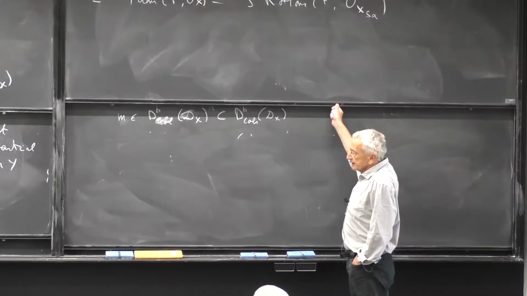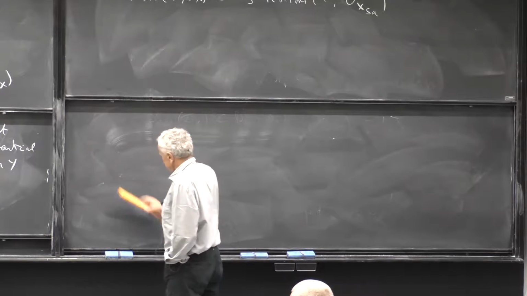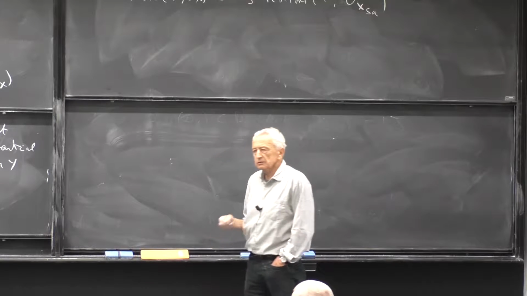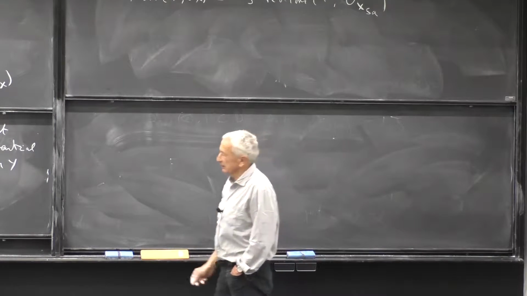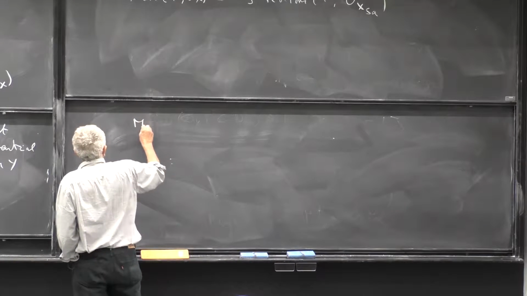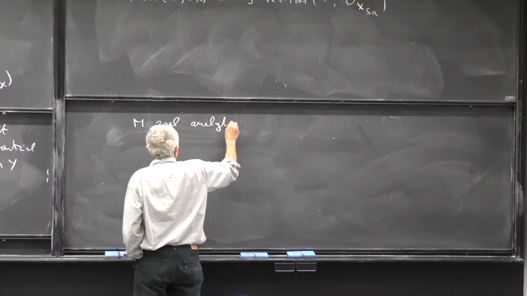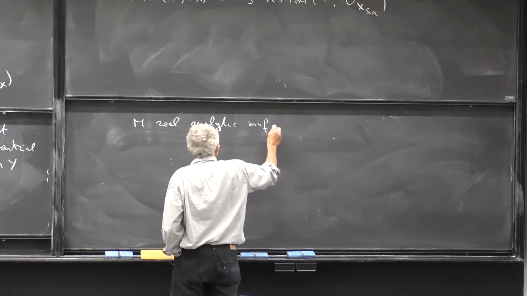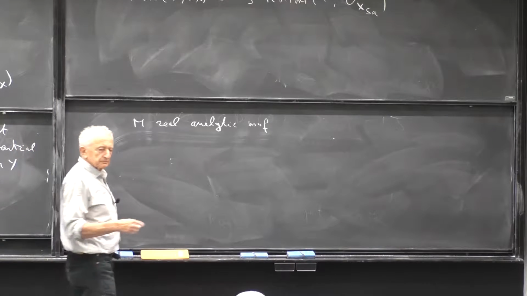Of course, all ideas are contained in this functor, but I think it's good to understand this temperate. So M now is a real analytic manifold, and I will change the topology.